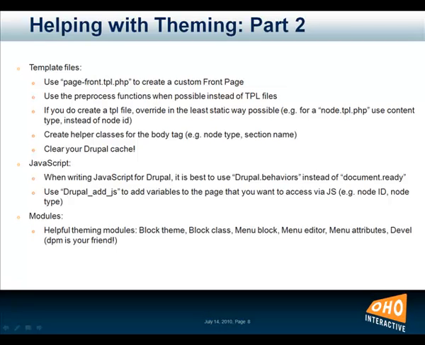Also, with TPL files, you have to be careful, and even with preprocess functions, if you're altering something that's being rendered on the page quite a few times, like the links variable, for example, if you aren't careful in how you hook into this piece of functionality, it could alter your page load times significantly if the page is large enough and it's being hit often enough and you're not specific enough with how you want to change the output.